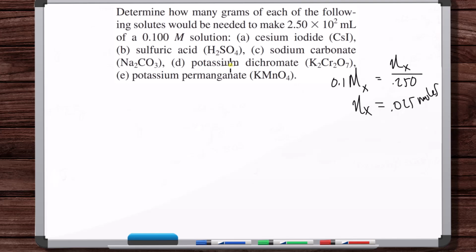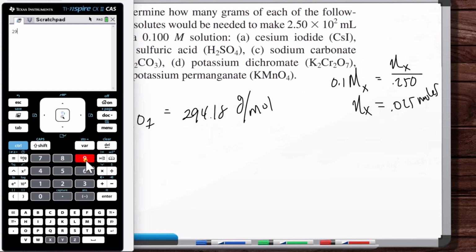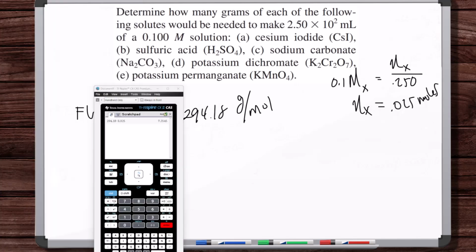Okay, potassium dichromate. The formula weight is 294.18. So 294.18 times 0.025, 7.35.